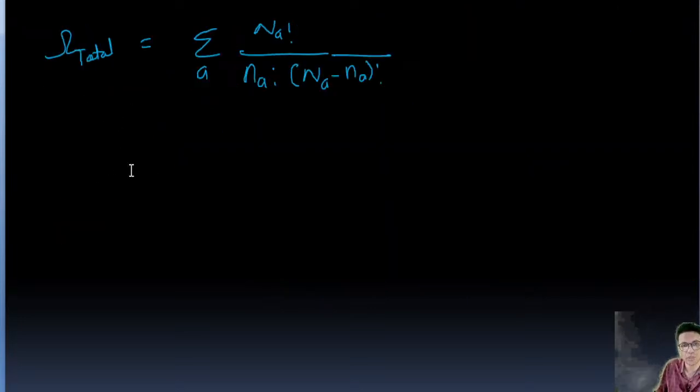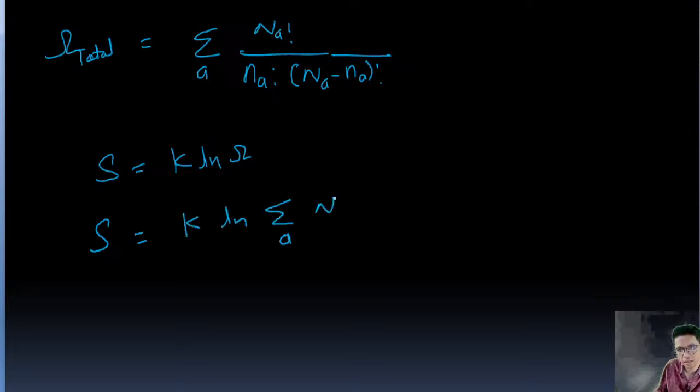Now we can find that entropy. So S we know, K ln omega, right? K is the Boltzmann constant. So S is going to be K ln sigma A capital NA factorial upon small NA factorial into capital NA minus small NA factorial, right?